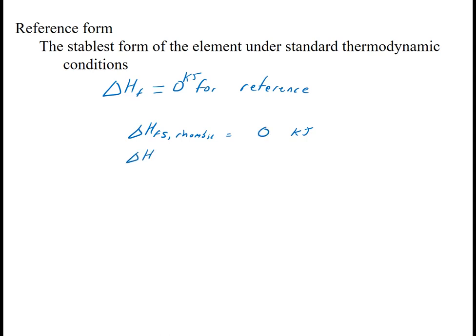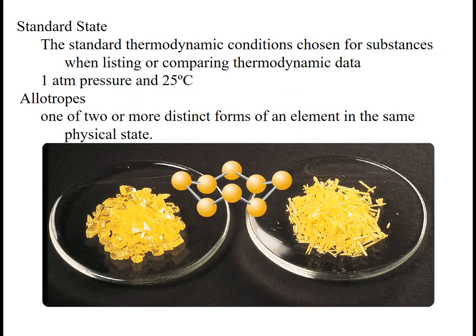And delta H of formation for sulfur in the monoclinic form is 0.360 kilojoules. Going back, this, what I call the candy sulfur, is the rhombic, and this is the monoclinic form over here. So this is the reference state, and this is the state in which it's not 0.